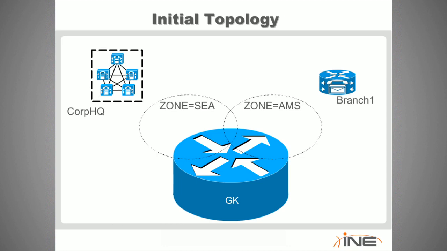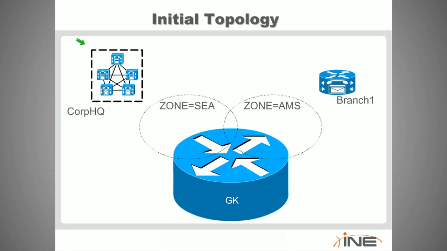So we're going to take a look at our initial topology. Our initial topology is going to be that we're going to have this gatekeeper, this DNS resolver for phone numbers, as a single router. And it just so happens that in today's lab we're going to use, to begin with, our corporate headquarter router. So here's our gatekeeper, which happens to be at the same physical site as the corporate headquarters CUCM cluster.